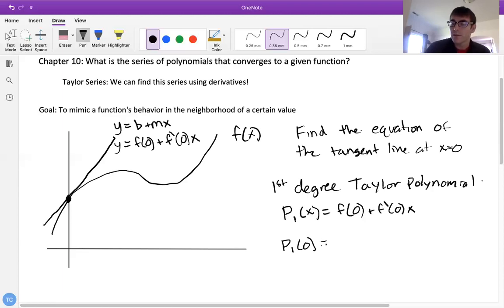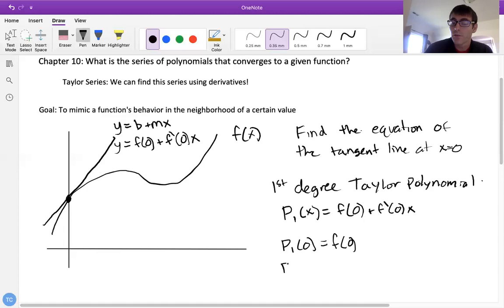That means that this is just going to be the same thing as our constant term f of 0. So this polynomial, in this case this line, takes on the same value at 0 as our function f of x.